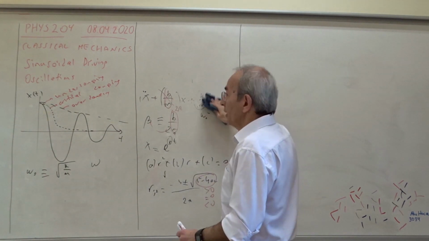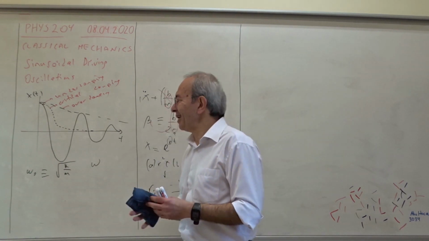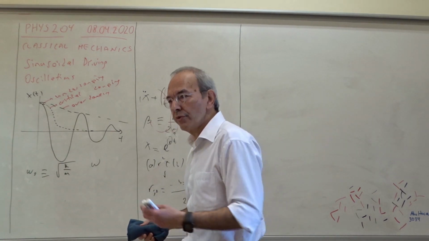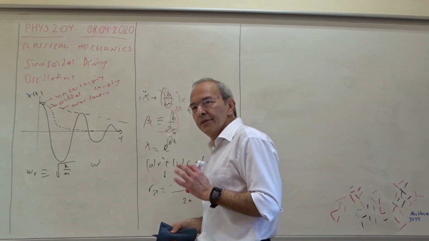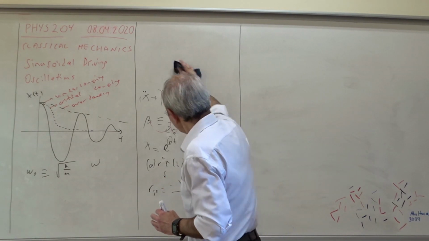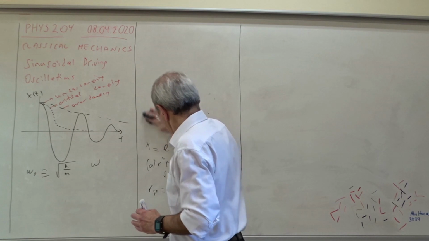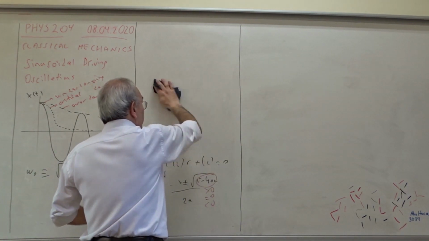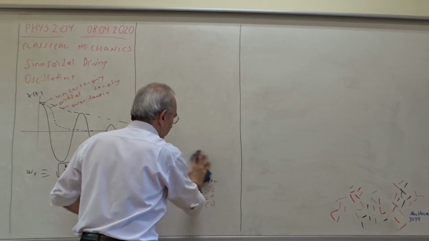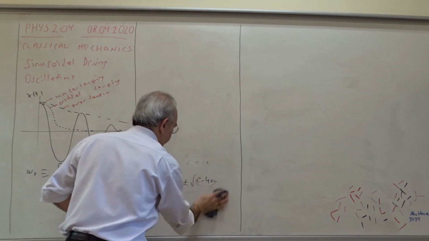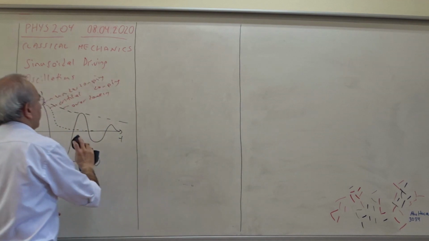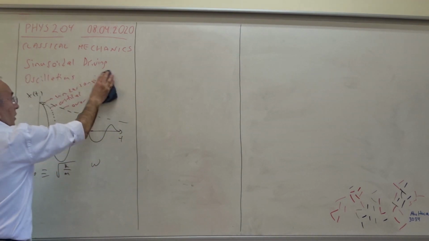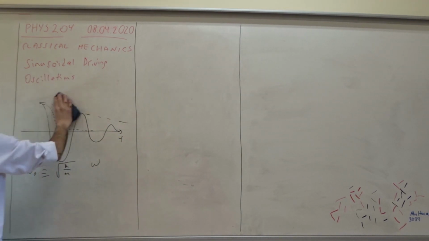Now in this part we have a mathematical analysis. It takes some time, but I will try to go through slowly and in steps. Now we have sinusoidal driving oscillations.